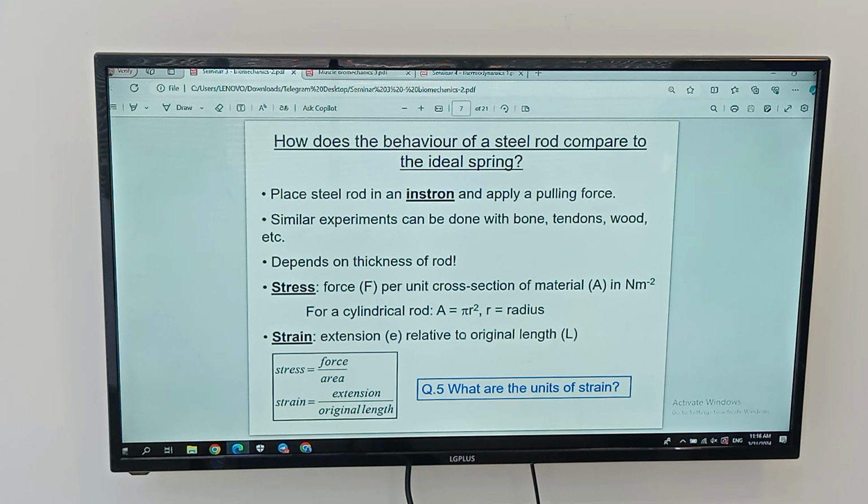Since you have the steel rod placed on a surface, naturally there will be an opposite force affecting the rod in the opposite direction. And that's why you won't see any visible changes of the rod.